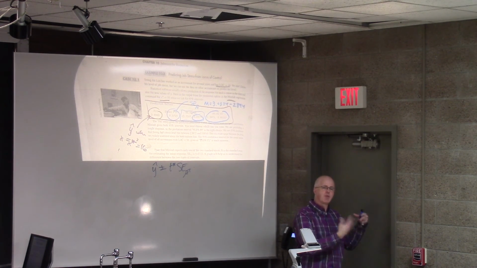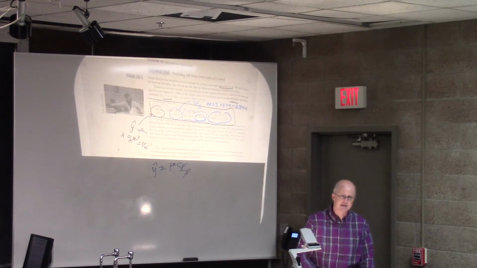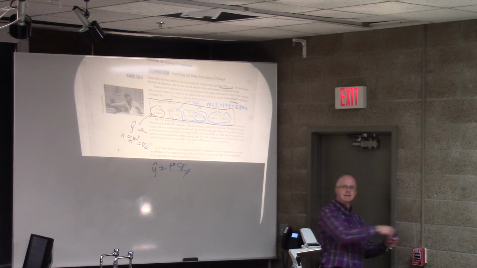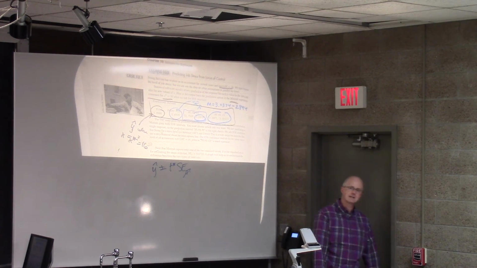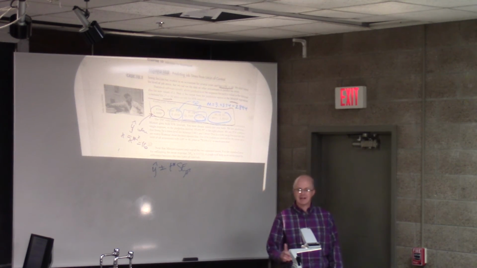If you resampled over and over again and recalculated this interval for x equals 16 over and over again, the idea is about 95% of those intervals would capture the next observation for y when x is 16. Weird. Okay? I'll say it again next time, but that's what it means.